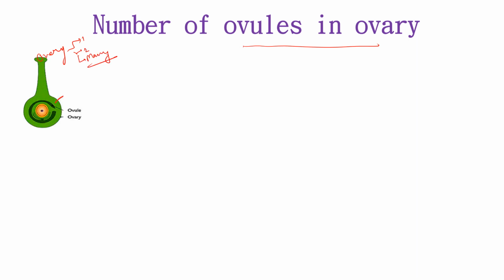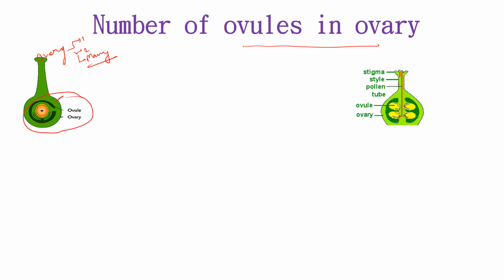Moving further now, the trick is for the number of ovules in an ovary. An ovary can contain one ovule, it can contain two ovules, or it can contain many ovules. In this diagram it is showing that there is one ovule present in the ovary, and in this diagram it is showing that many ovules are present in one ovary.